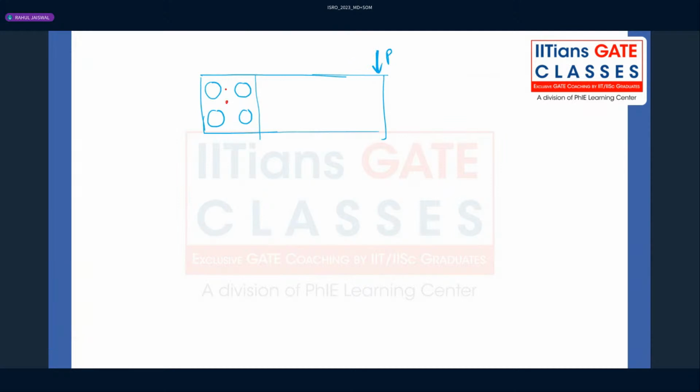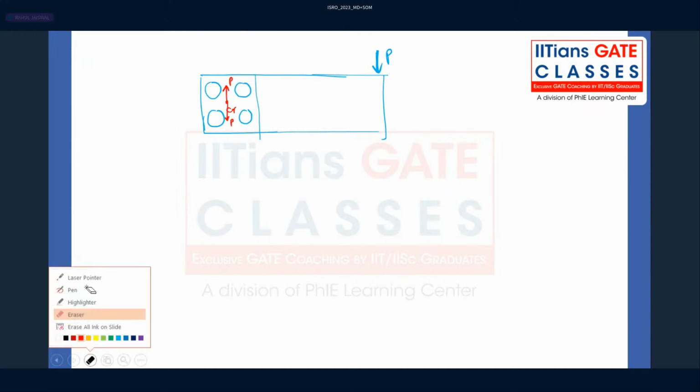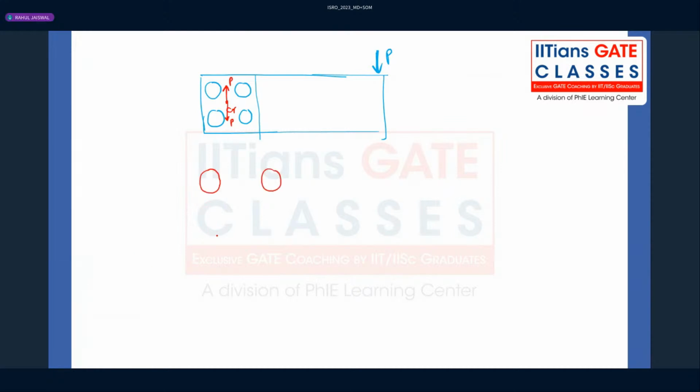At the centroid, we have to transfer the load. So what will happen? Introduce two loads, P and P. This bottom P will give me, if I plot separately, this is one rivet, second rivet, third rivet, and fourth rivet. This is the P, and there will also be a twisting moment acting, right?